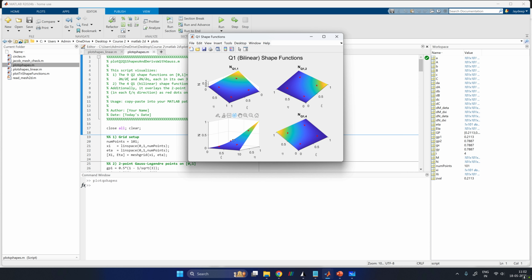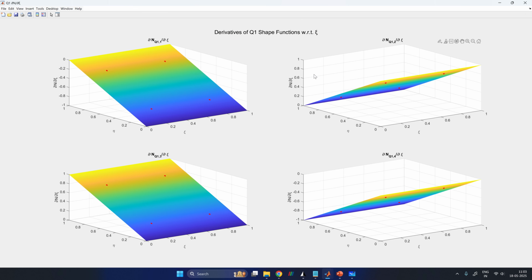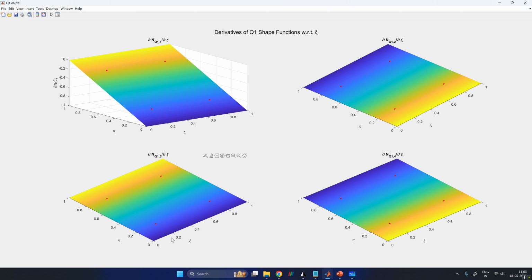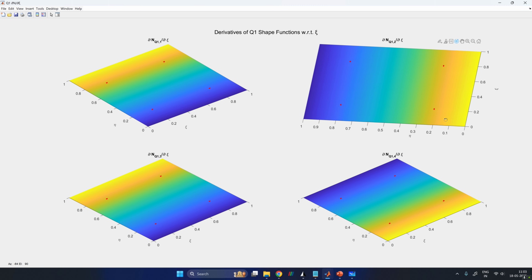You can see that they have a weighting on each of the nodes, right? And these are the derivatives of those shape functions, right? So derivative along psi and derivative along eta, and so you can see that both the directions are being taken care of, right?